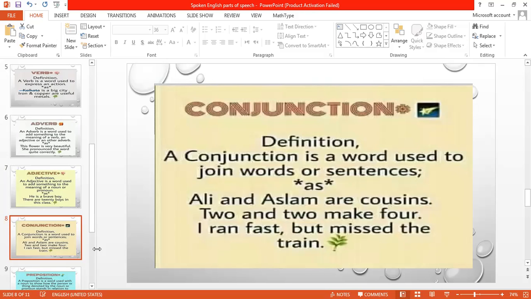I ran fast but missed the train. So when we connect two phrases or two sentences together, we use conjunctions.